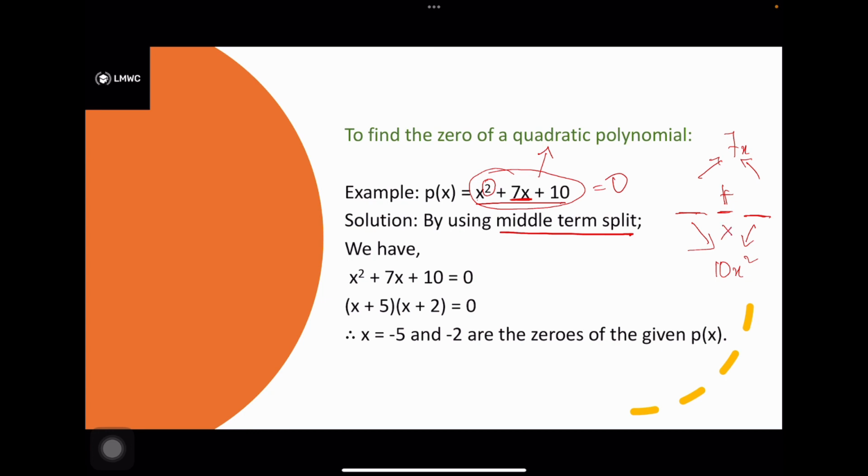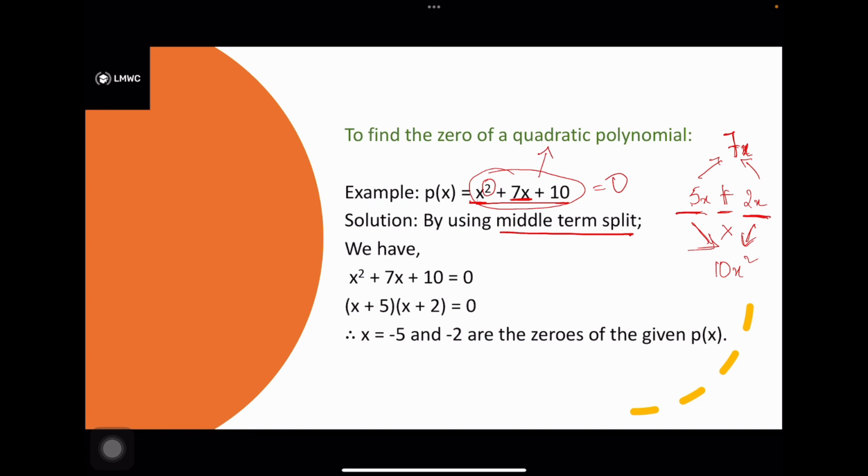All right, I'll repeat it once again. You have to think of two numbers which, when you add or subtract, give you the middle term, which is 7x. And the same two numbers, when you take the product, give the product of the first and the last term, right? So here I can think of 5x and 2x.